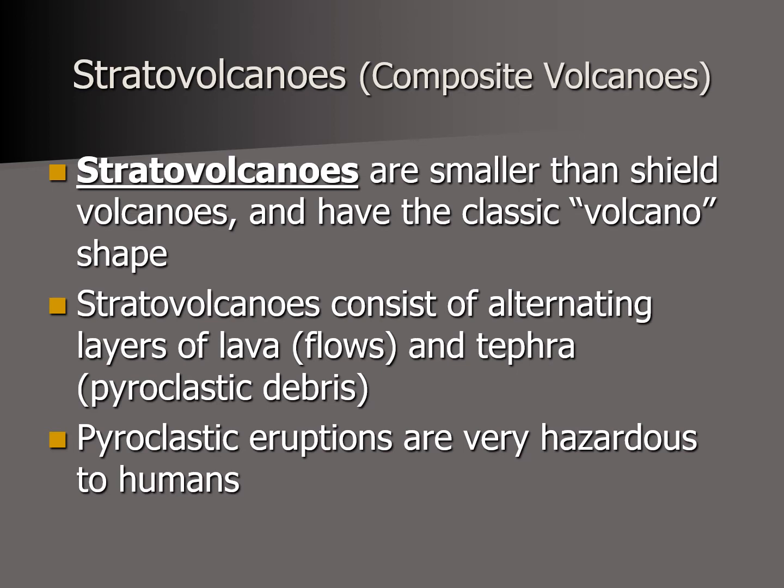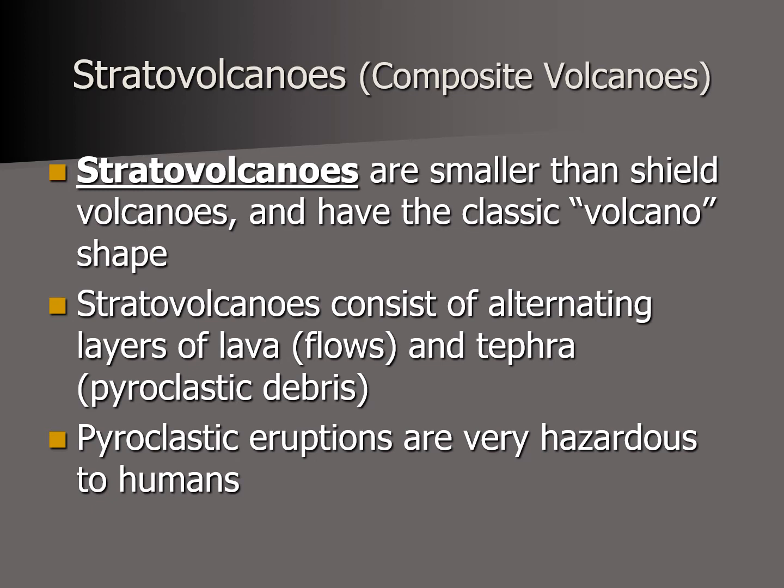Okay, a little more about stratovolcanoes. By the way, your textbook might also refer to these as composite volcanoes. Two words that mean basically the same thing. We are going to go with stratovolcanoes. They are smaller than shield volcanoes, and they have the classic pointy volcano shape. So how does the structure of a stratovolcano build up? Well, it's going to consist of alternating layers of past lava flows and pyroclastic debris.